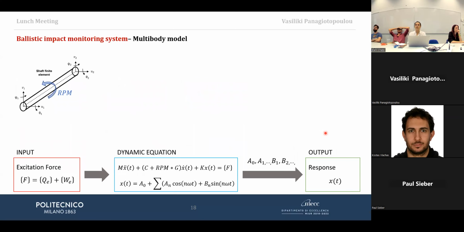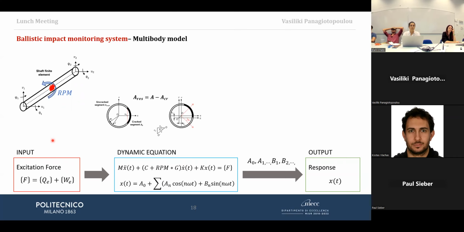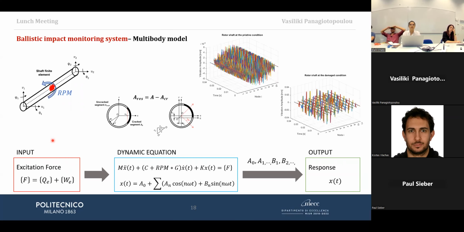A multi-body, basically simplified model has been created as well for this rotor. Here it's actually like a beam, like a rotating shaft, where the damage is simulated as reduction of the cross section area. And what we get is the response at each node in the healthy and in the damaged condition as well.